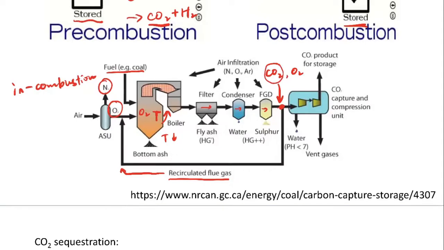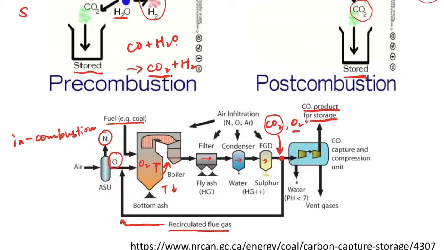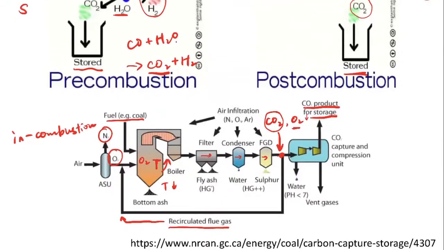We're just recirculating the carbon dioxide until the oxygen concentration is low enough, right? And then we're able to manage this flue gas. Then we can further extract the carbon dioxide, go through this compressor here, and form this carbon dioxide product. Okay, and here we're just talking about carbon dioxide capture, right?